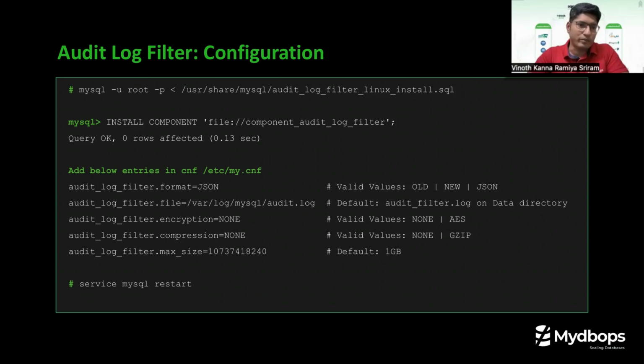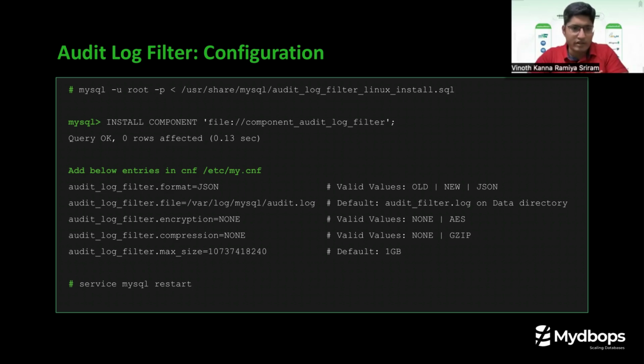So let's start with step one. We are going to load the install script of the audit log filter. Once we import this file, it is going to create the audit log filter and audit log user tables. Post which we have to install the component. Once the component is installed, we have an opportunity to define the key configuration parameters that we want.